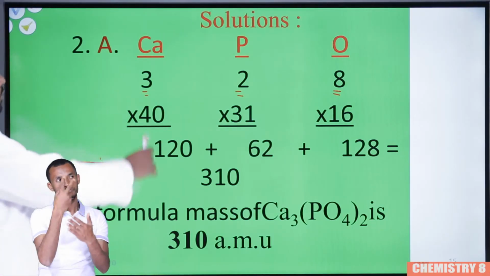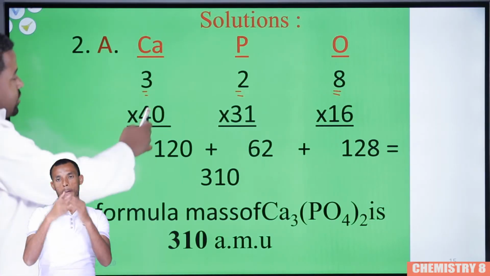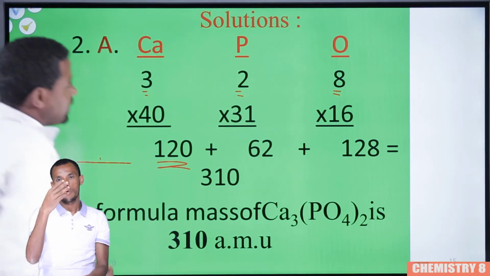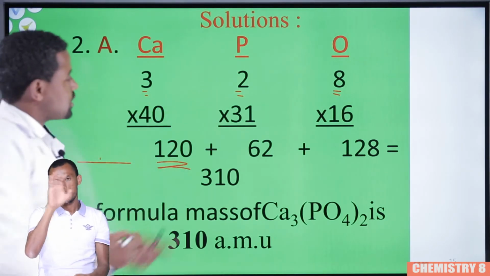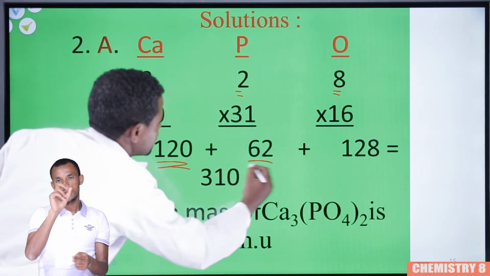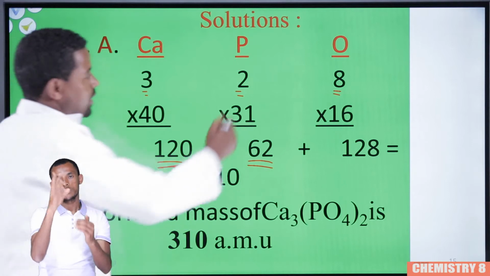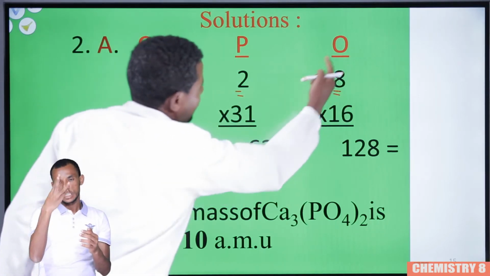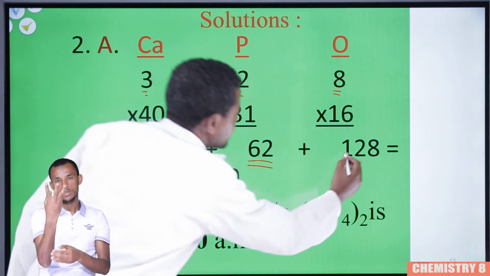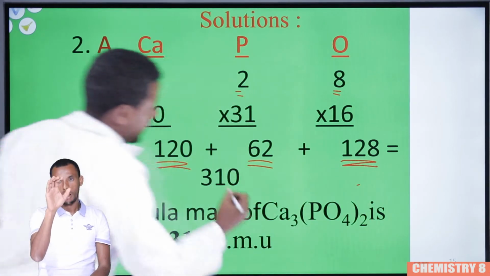So the atomic mass of calcium is 40, 3 times 40 is 120, 2 times 31, which is the relative atomic mass of phosphorus, gives us 62, and 16 times 8, which is the relative atomic mass of oxygen, gives us 128.